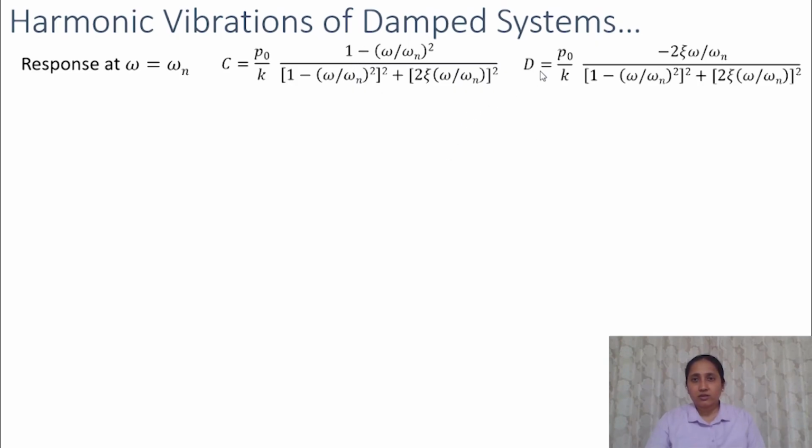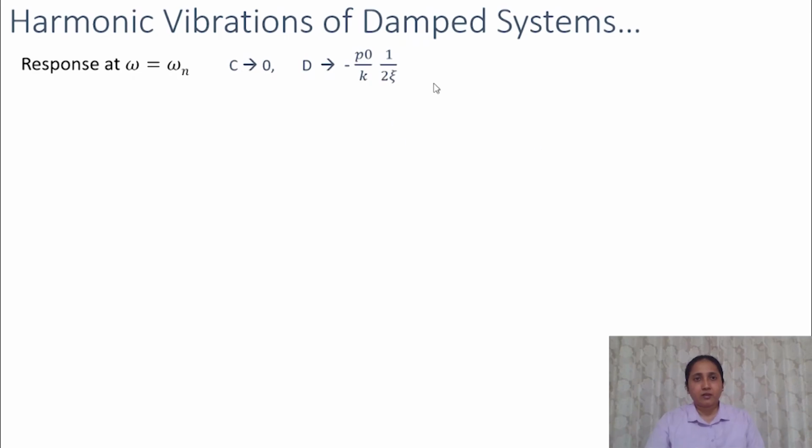So here in the expression for D, this term will become minus 2 zeta, and this term will vanish, and this term in the denominator will become 2 zeta the whole square. So together this will become P naught by K times minus 1 divided by 2 zeta. So C becomes 0 and D becomes this value.